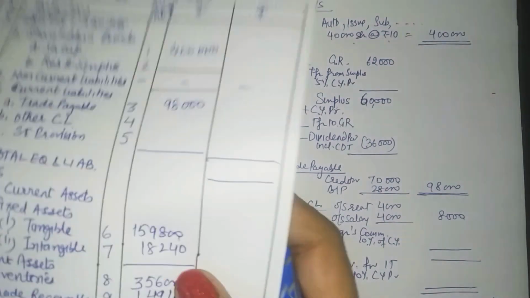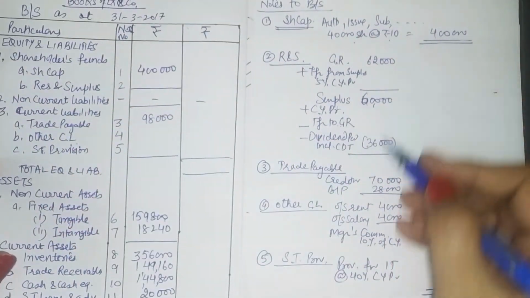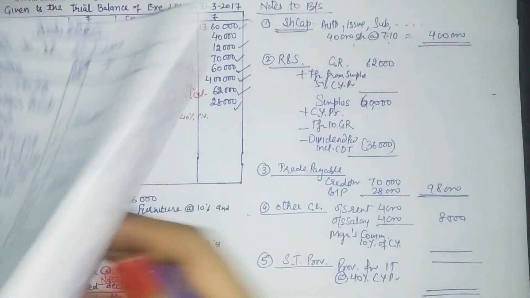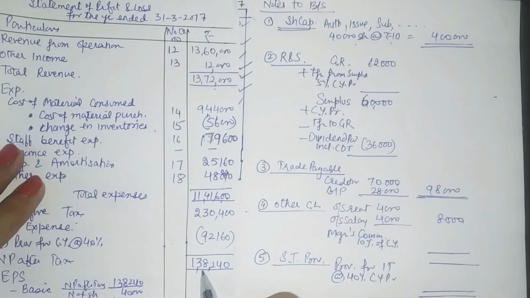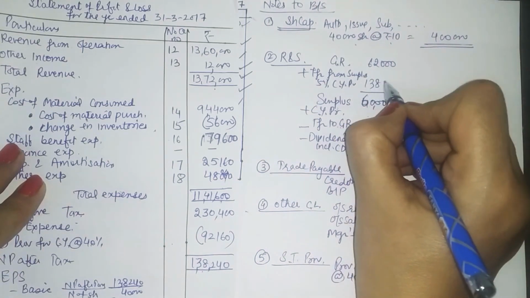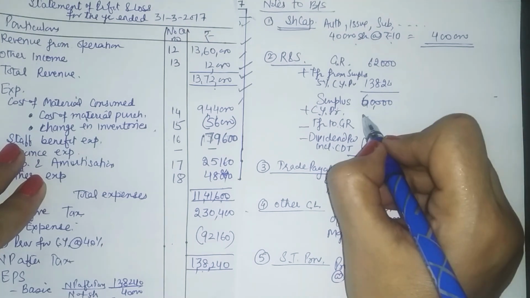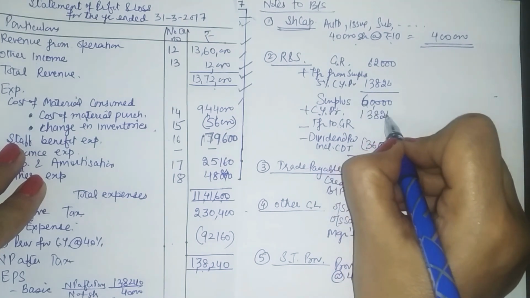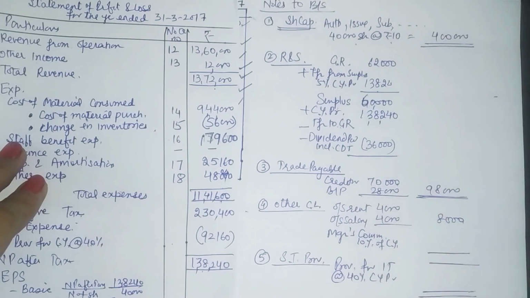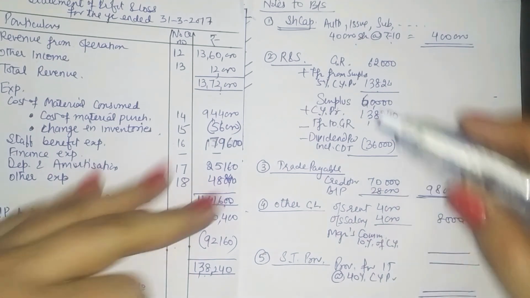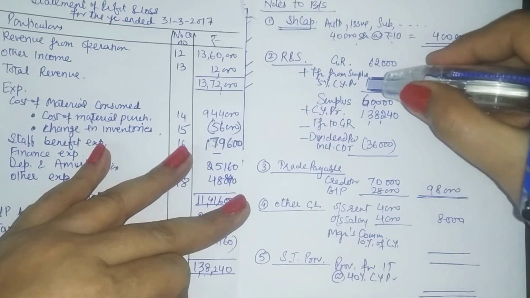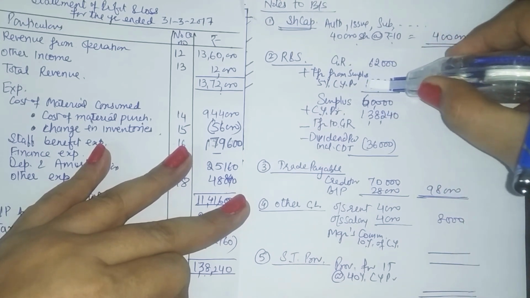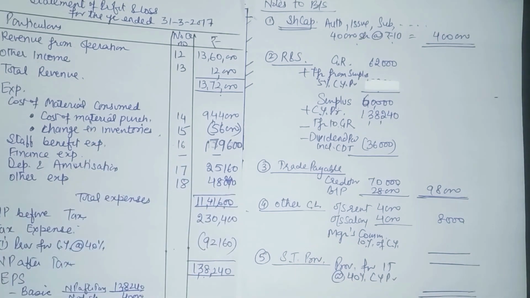If we look here in the balance sheet, reserve and surplus we are to determine. So how much is our current year profit? We have calculated it. Current year profit is 1,38,240. Now herein we are to record 5% of the amount to be transferred to general reserve.